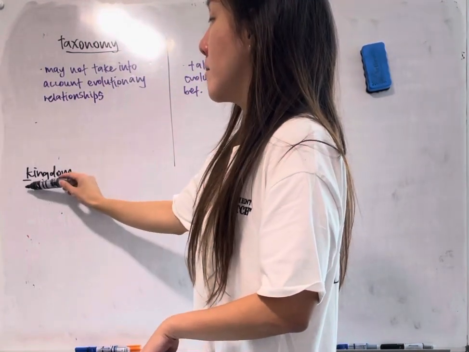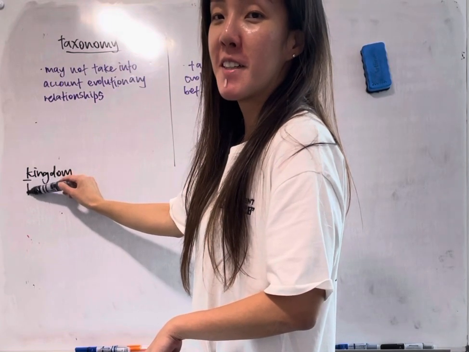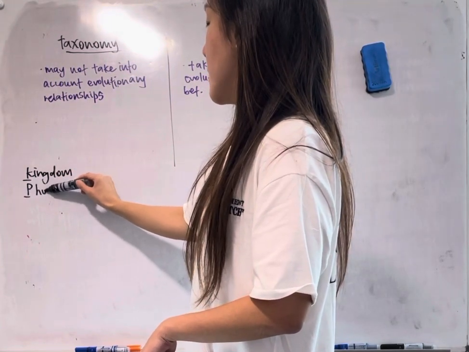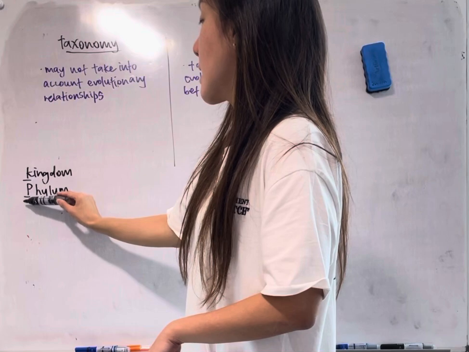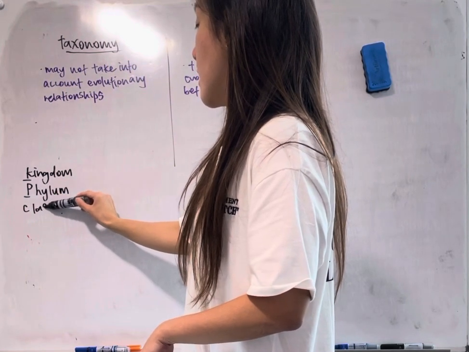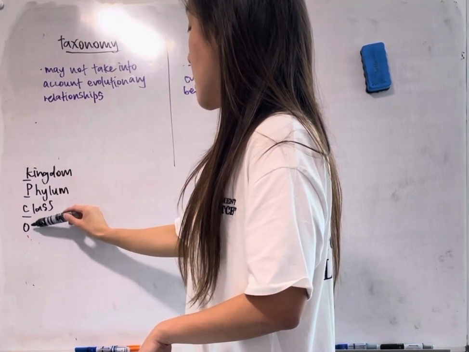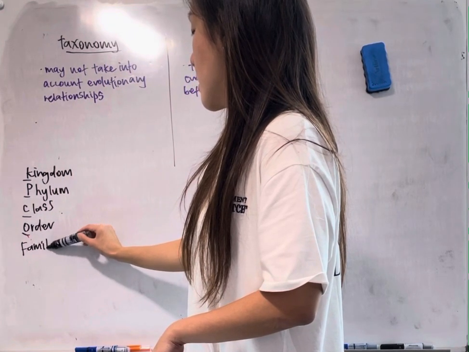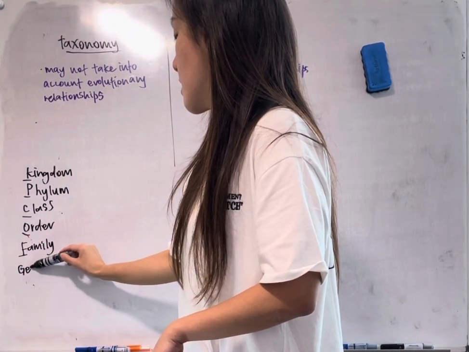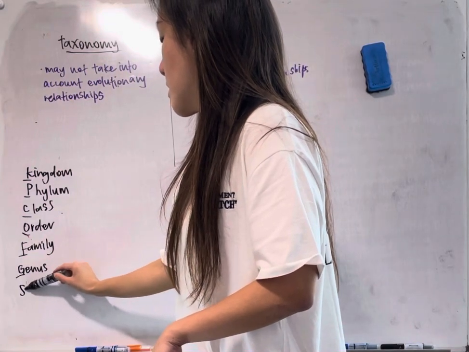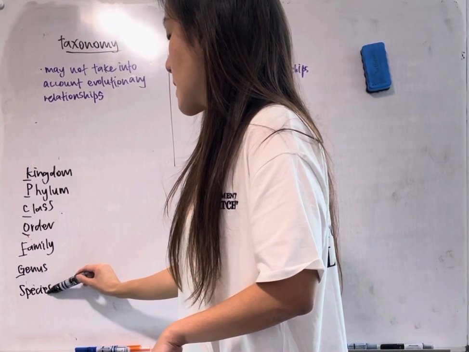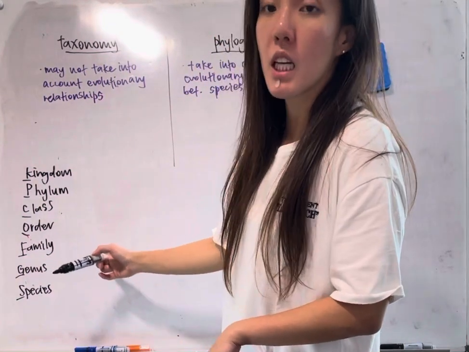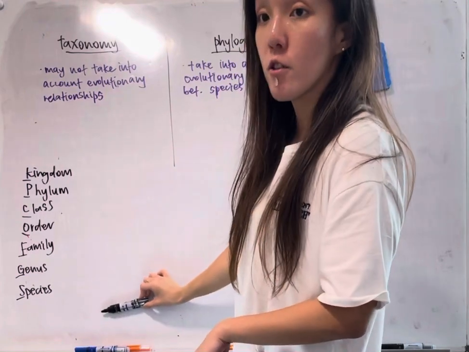Kingdom, followed by phylum. King Philip came over for Granny's soup. You are expected to know three things: the sequential order for this.